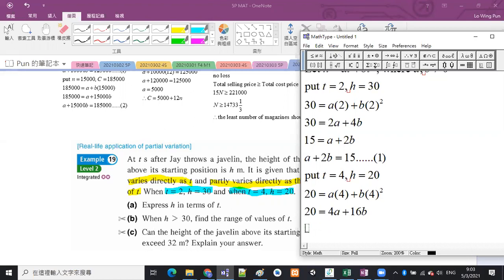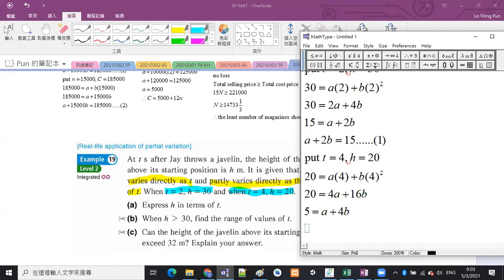And notice that 4 is a common factor of every term in this equation. So we may divide each term by 4. Now, so 20 divided by 4 is 5. 4a over 4 is a. 16b over 4 is 4b. And then write the unknowns on the left, write the number on the right. Okay? And label this to be equation 2.